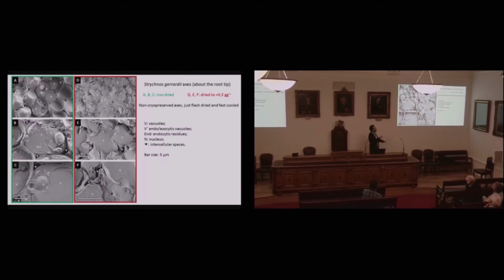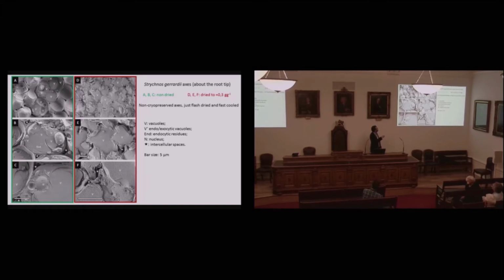Summarizing all the photographs, you have in this column images of the samples when they were not dry, at the higher water content, 2 grams of water per gram of dry weight, plunged into liquid nitrogen and moved into the scanning electron microscope. And these samples here were dried to the water contents where we have success in cryopreservation, and we just froze them really fast and put them in the cryostat.